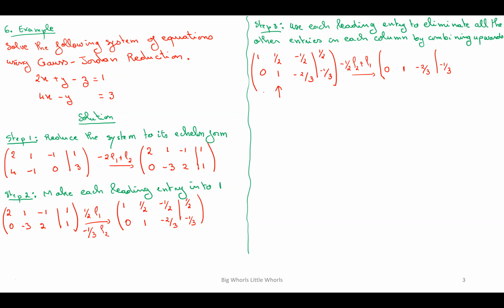Now I am taking minus half row 2 plus row 1, I still have 1 there. So here minus a half plus a half is 0, of course, that's why we are doing it, so that should be 0.